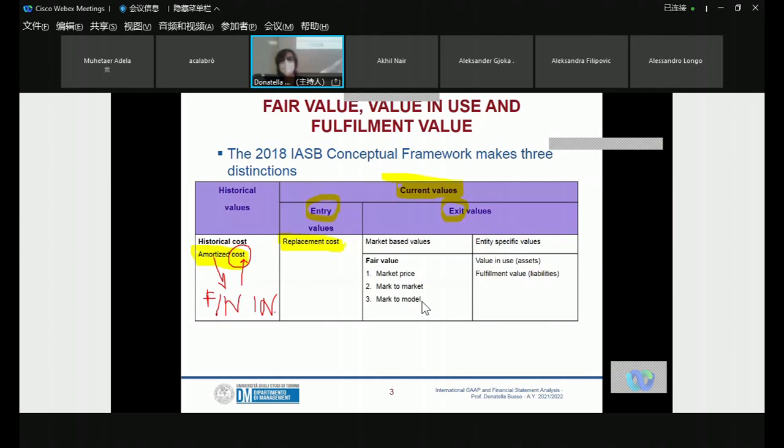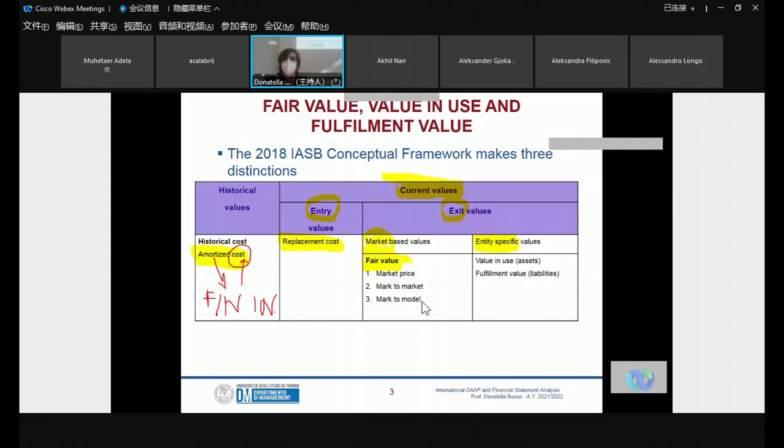The exit values can be based on the market or can be entity specific. When the exit values are based on the market, in this case, this value is called fair value.